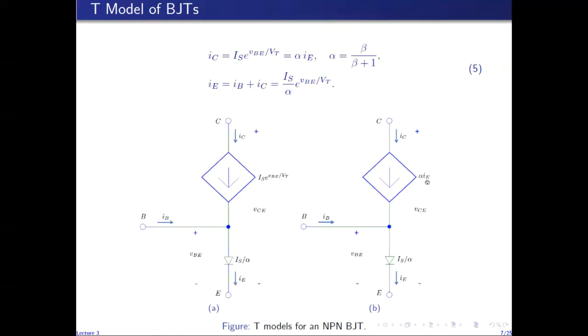So alpha can be thought of as the current gain of the transistor in this configuration. In this context, alpha is also called the common base current gain, because the base terminal is common between the input and output ports, and for a current IE flowing through the input port, we get an output current of alpha times IE.